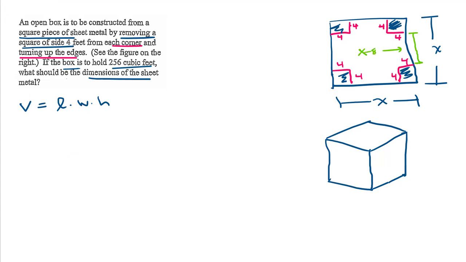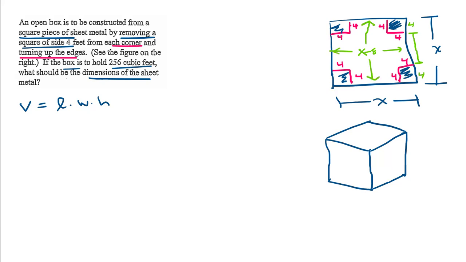Because again, this is 4 on this side and 4 on this side. So I'm taking 4 feet on each side. That means I'm left with x, which is the total, minus 8. That's going to be the same thing up here, correct? As well as over here on the left, as well as here on the bottom.